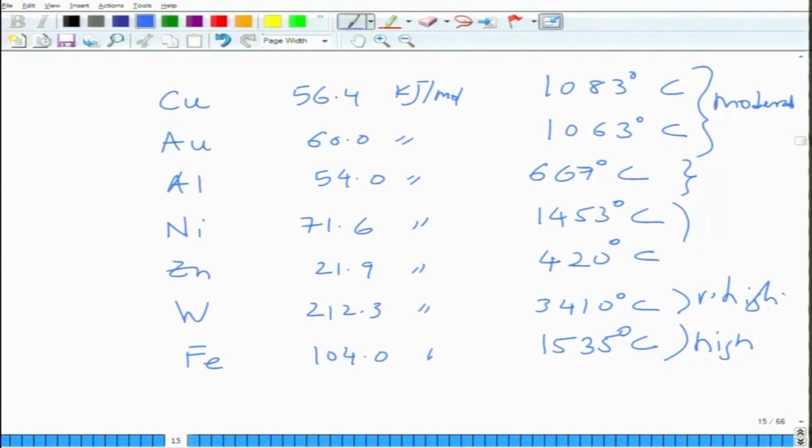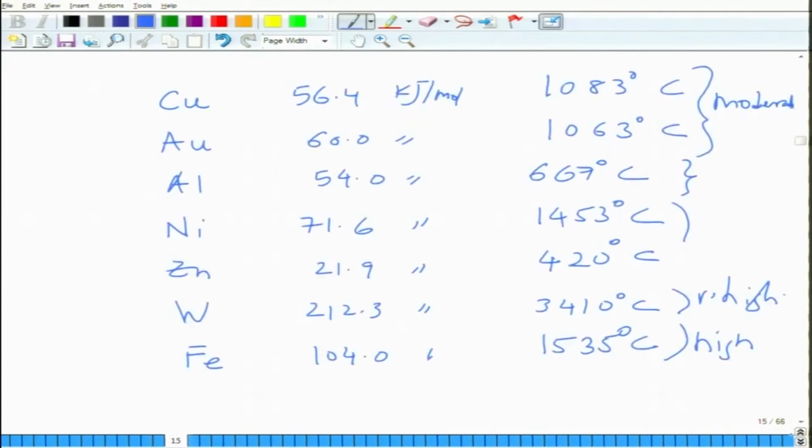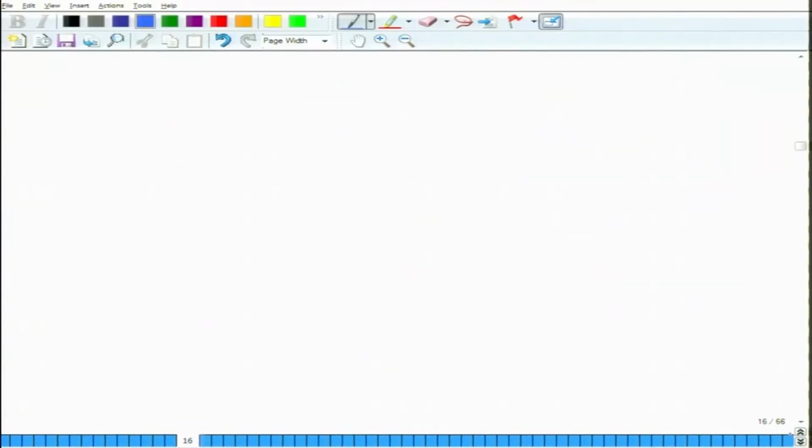Now, of course, if you compare with ceramics, for example diamond, diamond has a bond energy of 347, and tungsten has a value of 212, and they have similar melting points. So bond energies for different classes of materials are not exactly comparable because they have a lot of other factors behind them, but by and large for the same category of materials there is a trend that as the bond energy increases, the melting point increases, and this is also true of the boiling point.